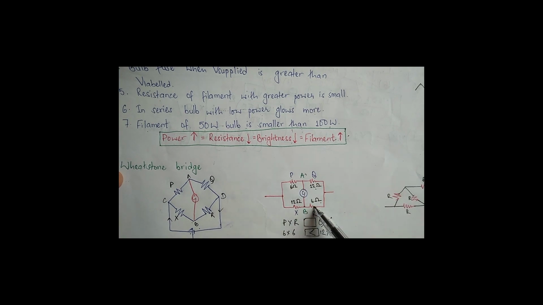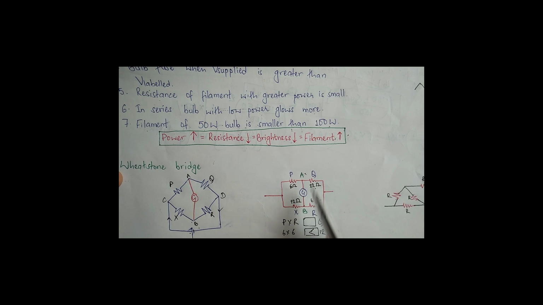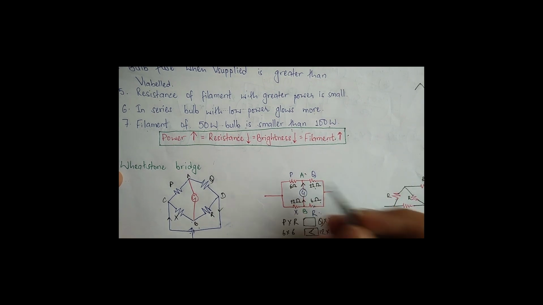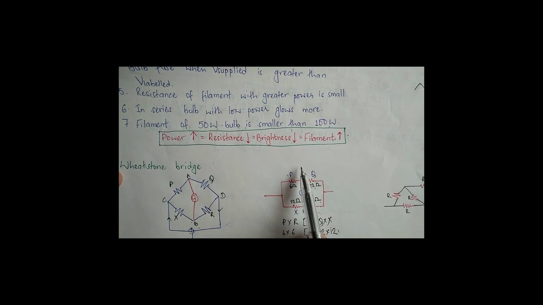If P and R multiplied is less than X and Q multiplied, then current will go from B to A. So current will go from B to A, because multiplying P and R is less. PR less, down to up, PR more, up to down. This is how you can find the direction of current.